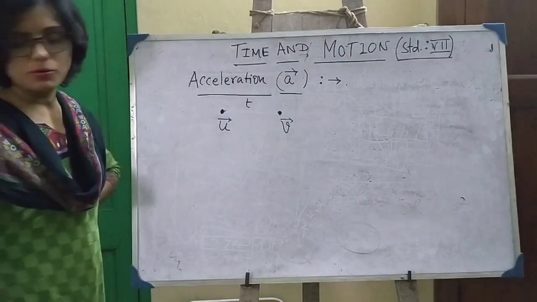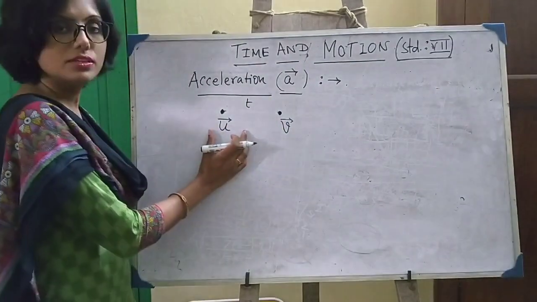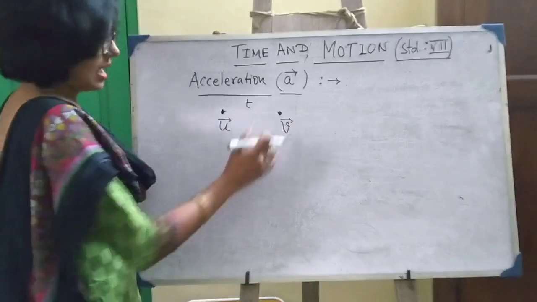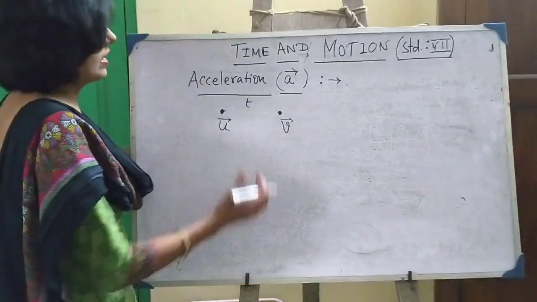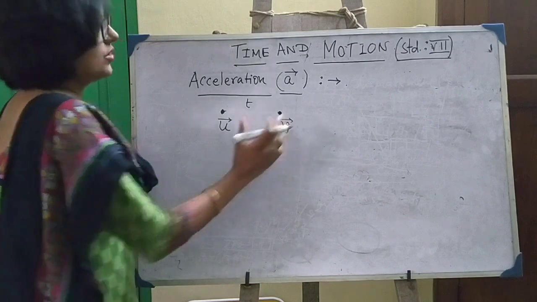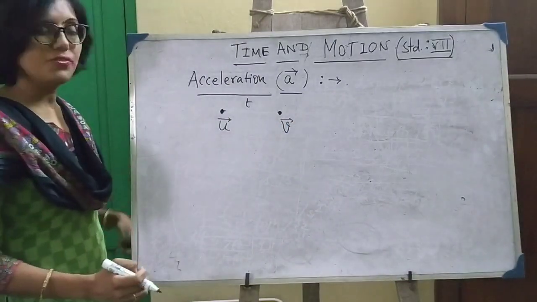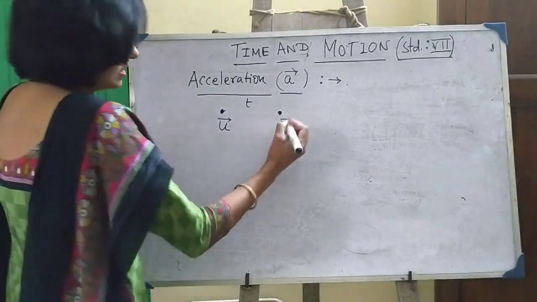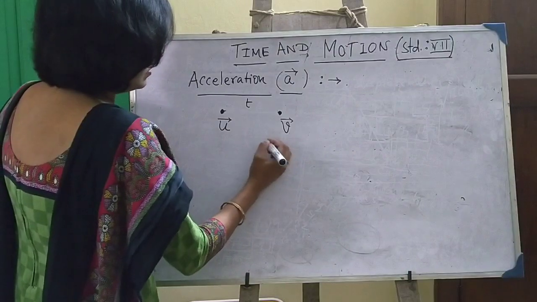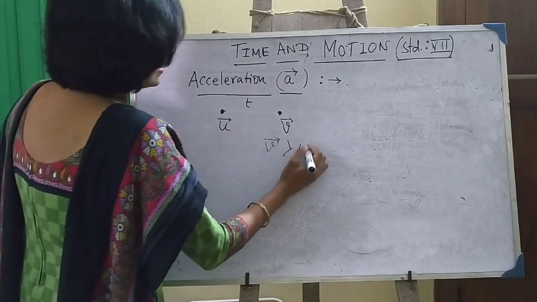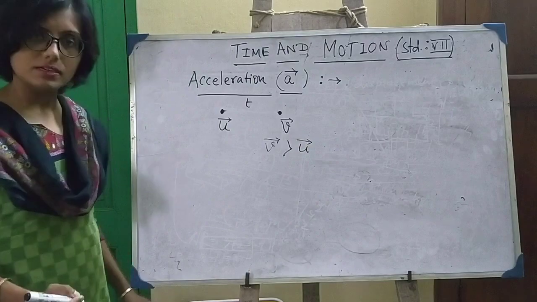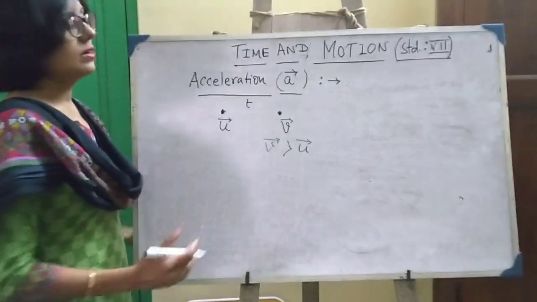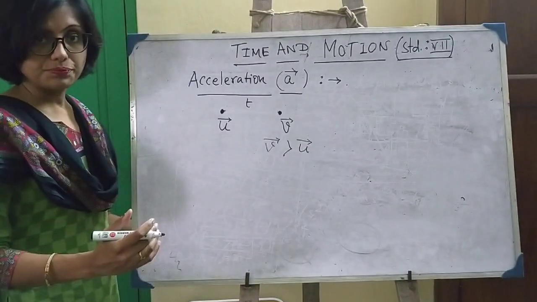Consider that the final velocity v is greater than the initial velocity. That means the velocity of the body is increasing.